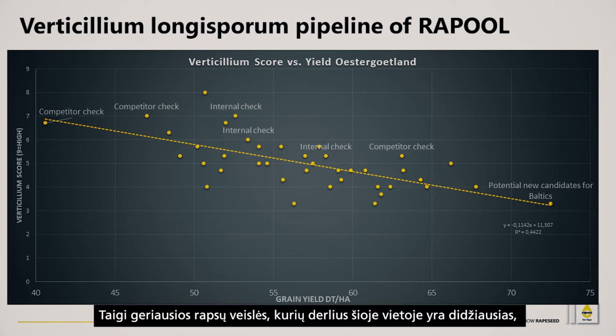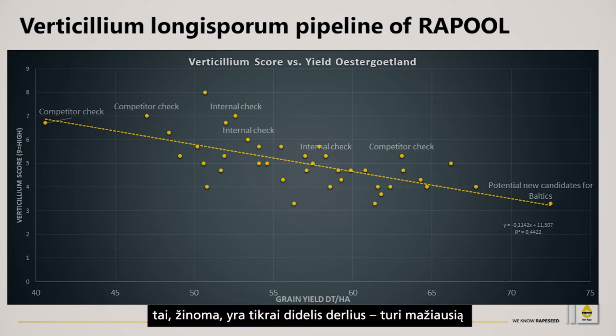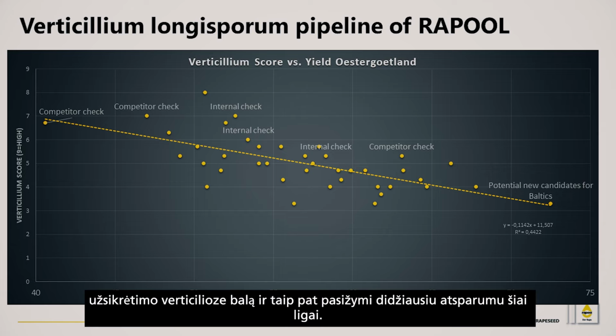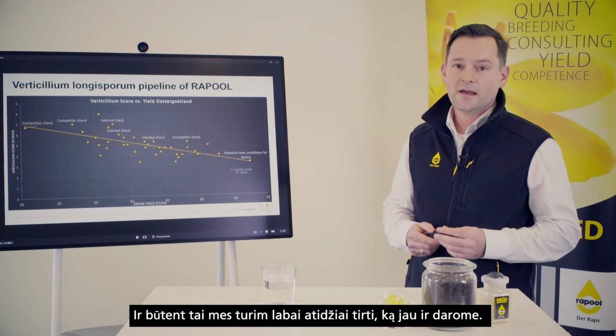So the best varieties here with the highest yields of, at this location, above 7 tons of oilseed rape, which is of course a really high yield, have also the lowest score of verticillium, and also have so the best tolerance against the disease.